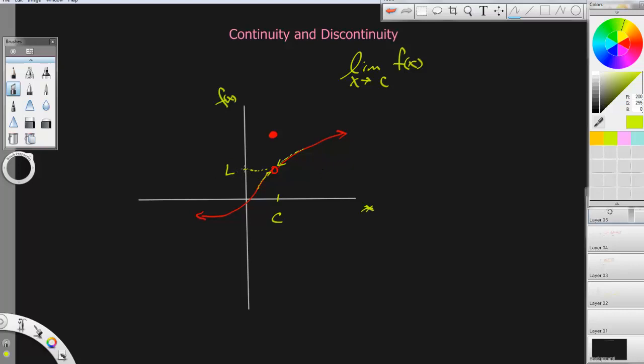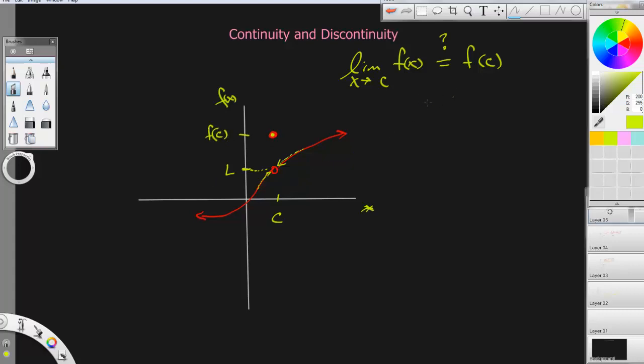Now, does this equal f of c? Because for a function to be continuous at a given point, those two things have to be equal. If I evaluate whatever function that is at c, it doesn't give me this hole like the limit does. It gives me this dot right here. So this would be f of c.